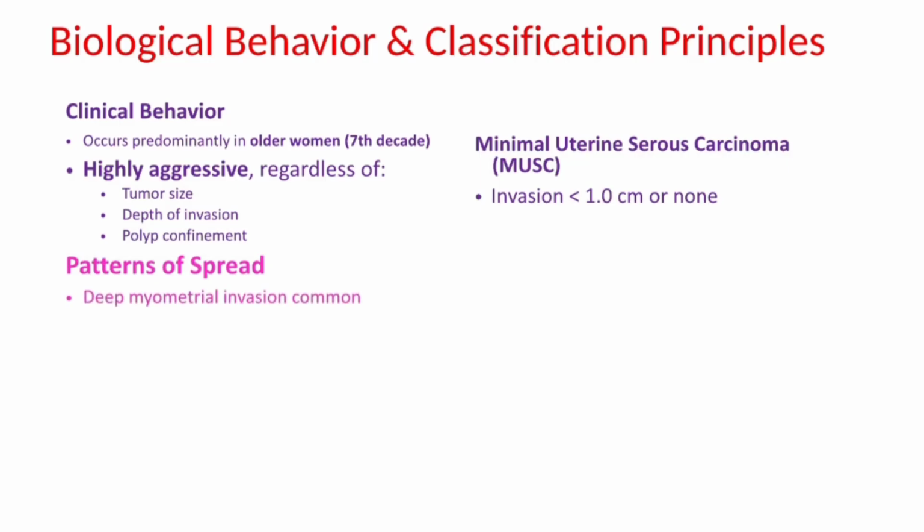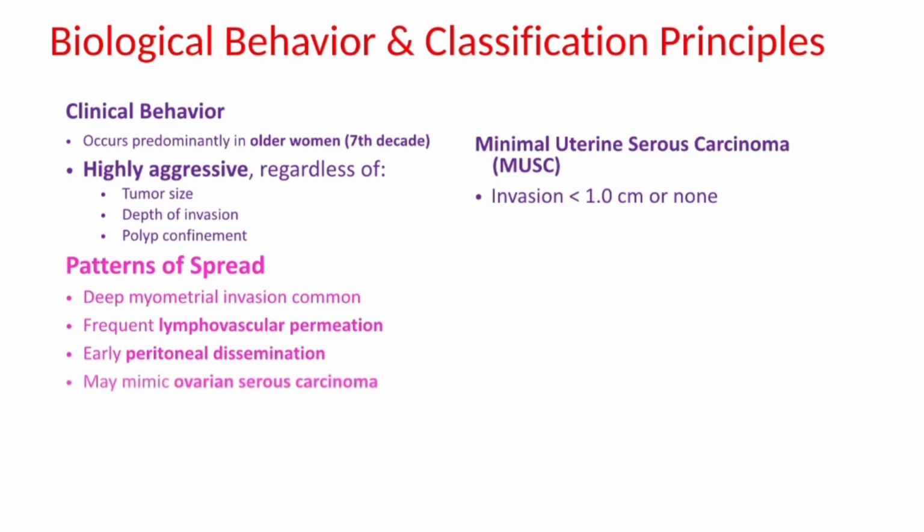So pattern of spread, if we see, deep myometrial invasion is common, lymphovascular permeation is frequent, and peritoneal dissemination may be, or most of the cases show this dissemination even the tumor is having small polyp size growth, and may mimic ovarian serous carcinoma.